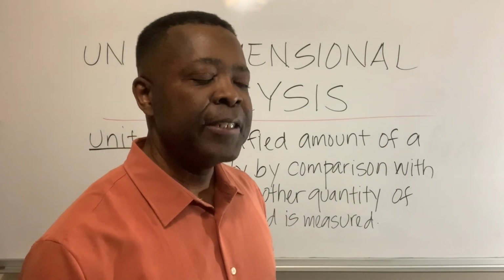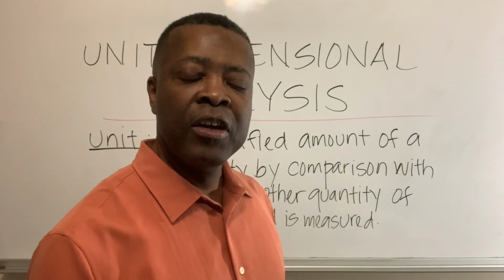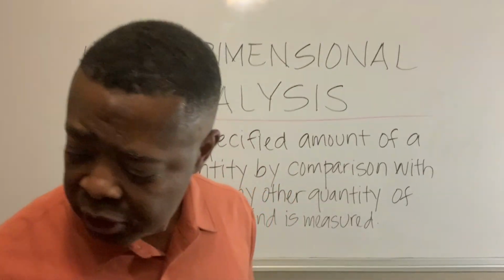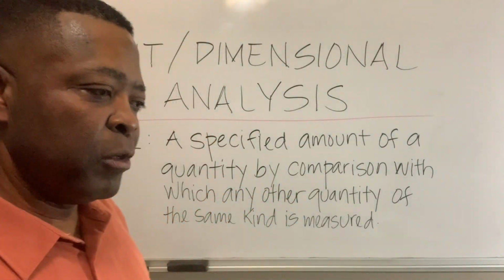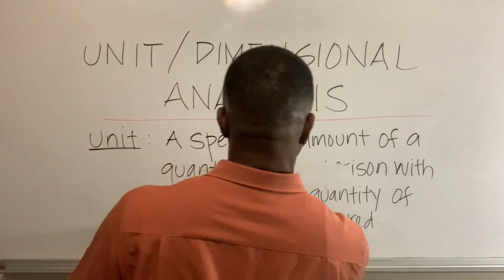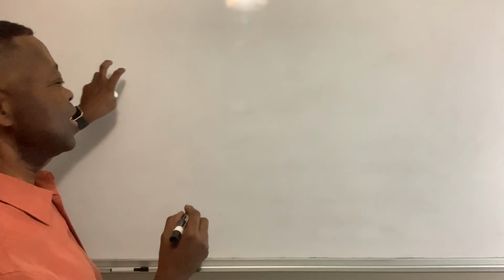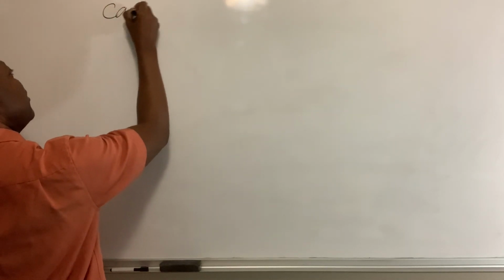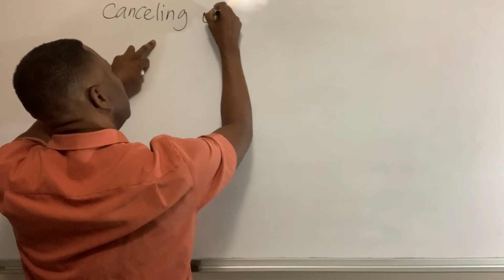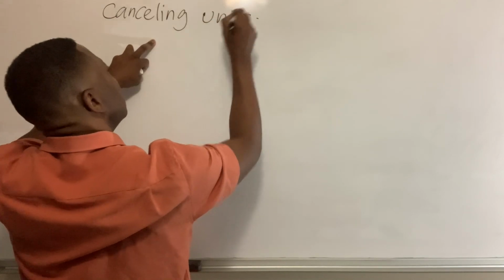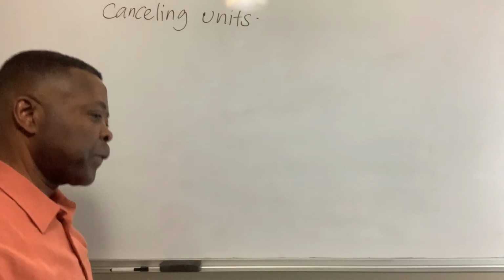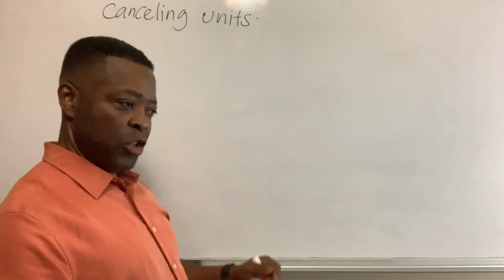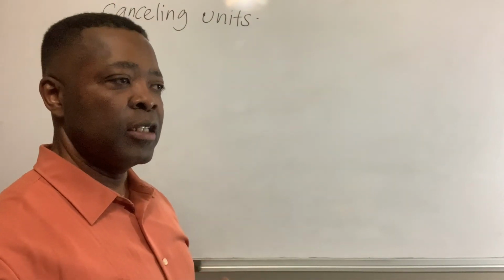To do that, we have a few principles. I'm going to teach you these principles right now. Now we're going to be canceling units. That's one big principle. So we cancel the units we don't want and we keep the units we need.